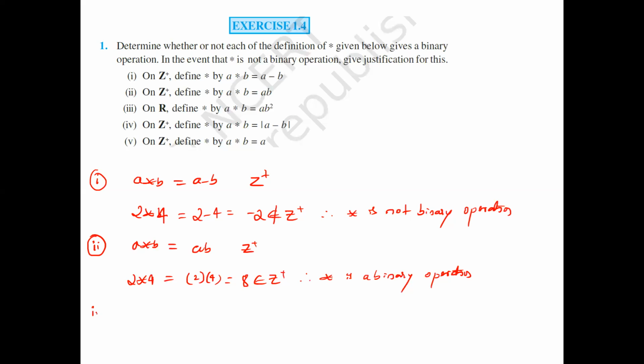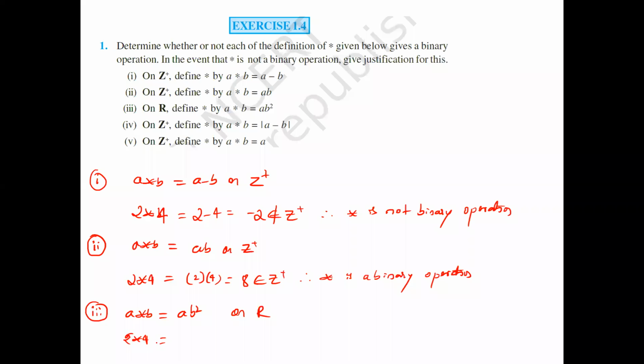Next, third one. What is the third one? Real numbers. A star B equal to AB square on R. Now we can take two numbers, 2 star 4.